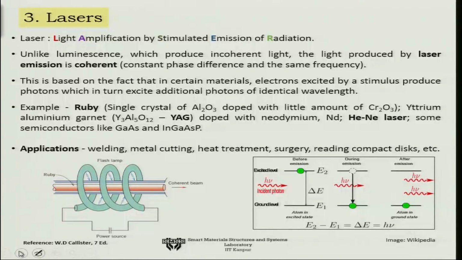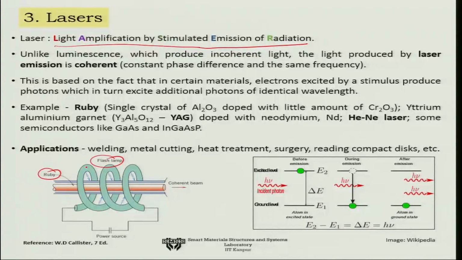The third and the most important one, and towards the end of this course we will show you some of these applications, is lasers: light amplification by stimulated emission of radiation. For example, you have a ruby crystal and a flash lamp from which you are providing energy to the system.